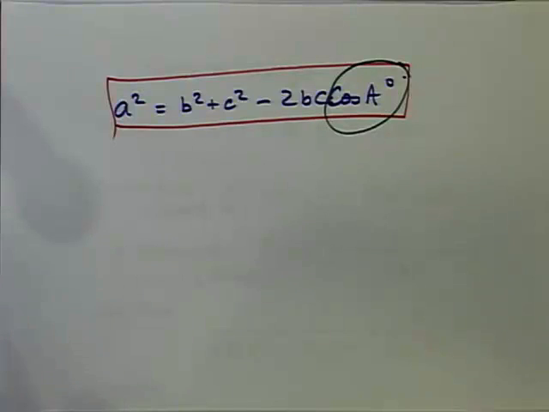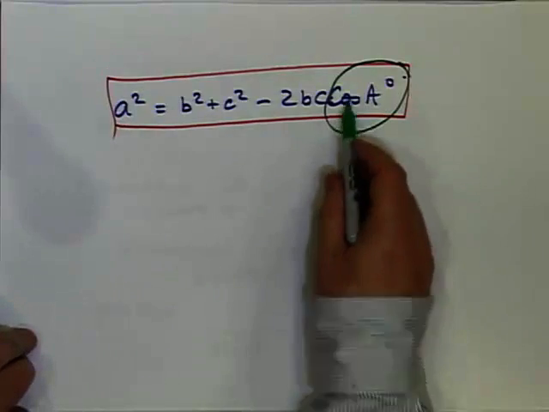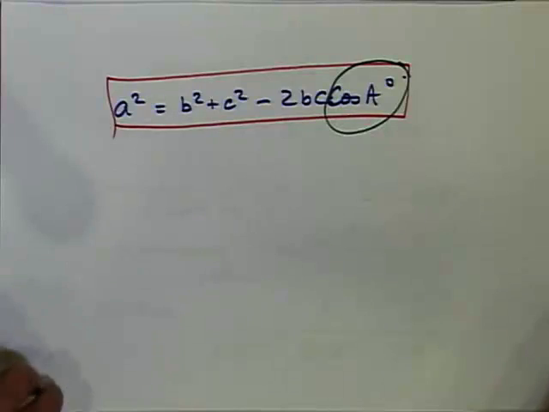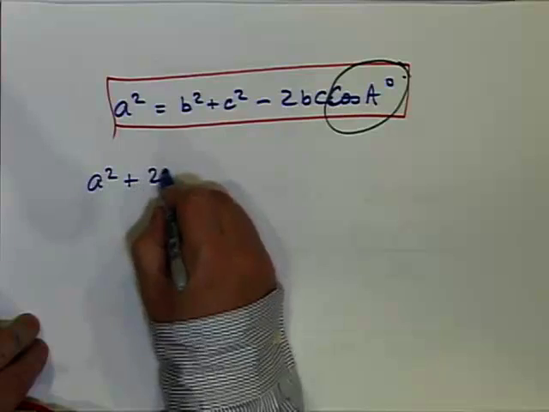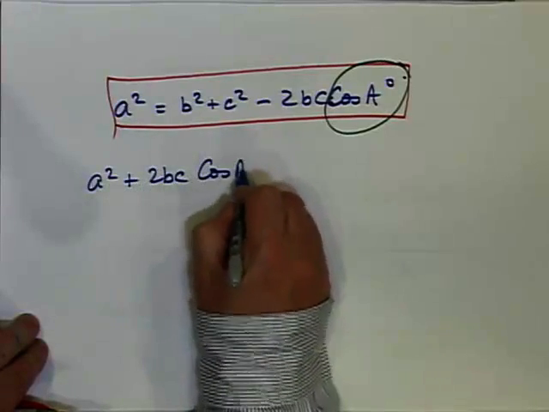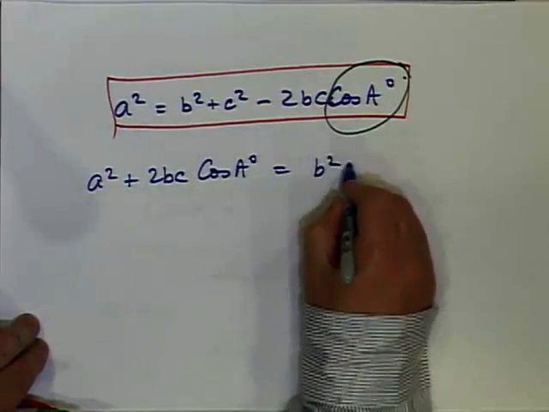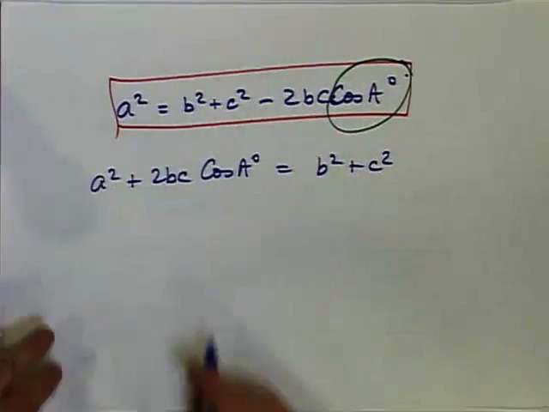Well, I would just do it the way I've done it before. I might take this to the other side. So I would say a squared plus 2bc cosine A is b squared plus c squared. Just taking that over to the other side.